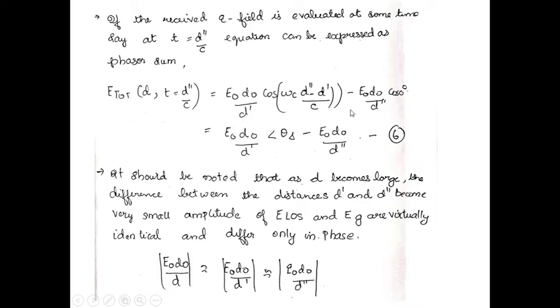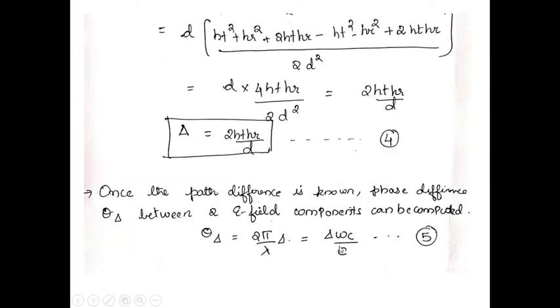This first term becomes omega c times d double dash minus d dash by c, that is nothing but cos omega c into this. D double dash minus d dash is nothing but the path difference. So this is the angle value of theta delta, and this becomes minus E0 d0 by d double dash since cos 0 is 1.